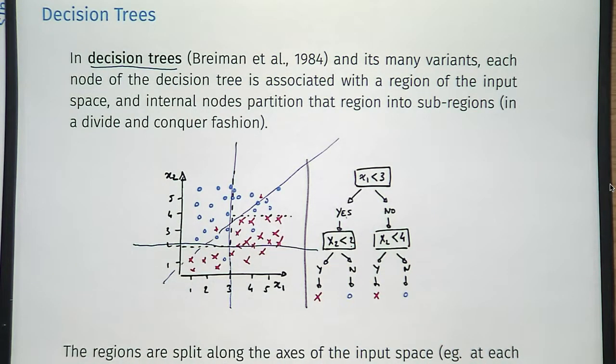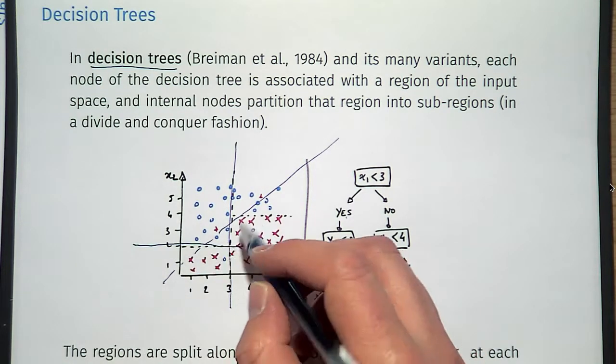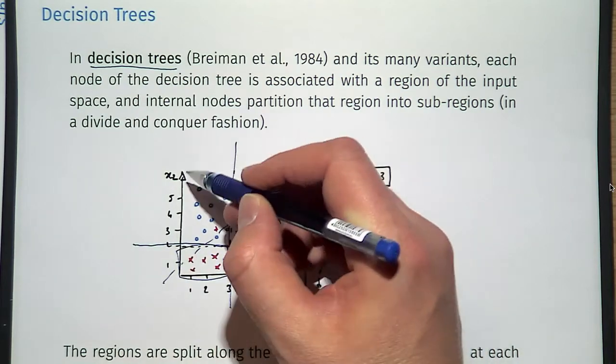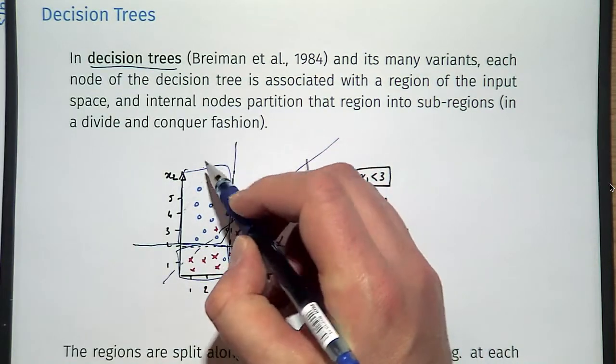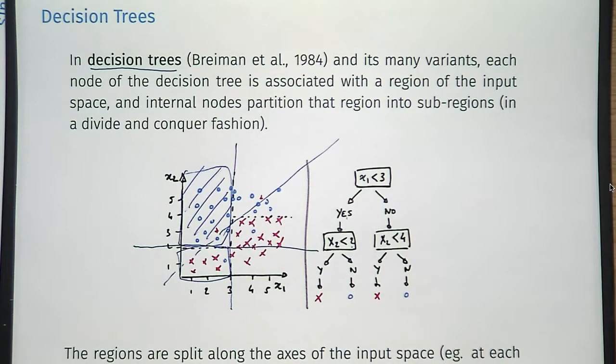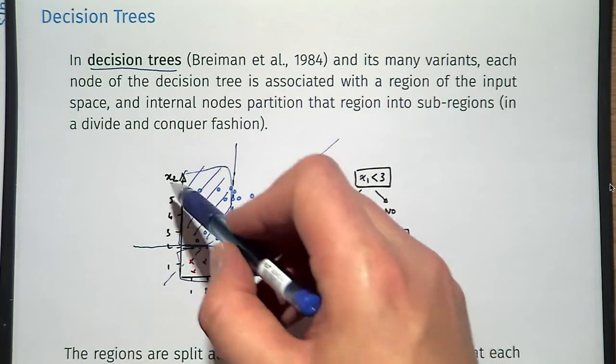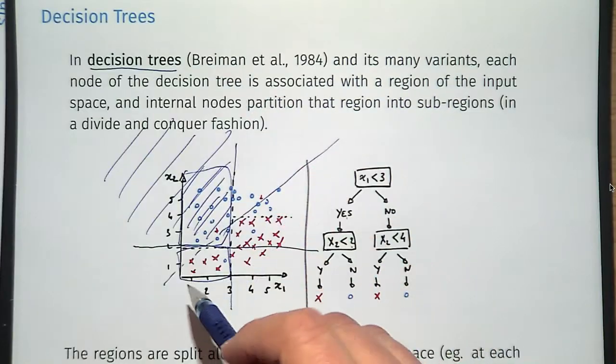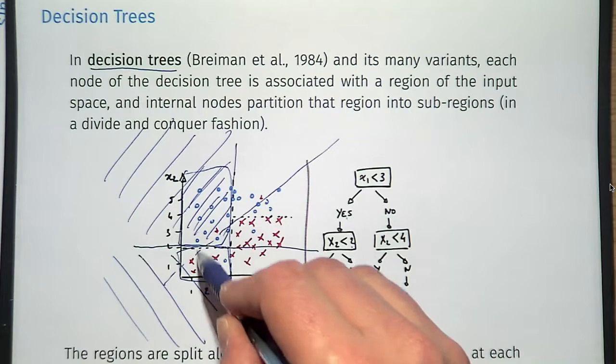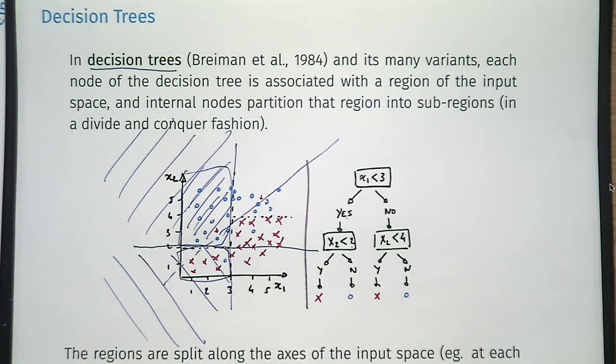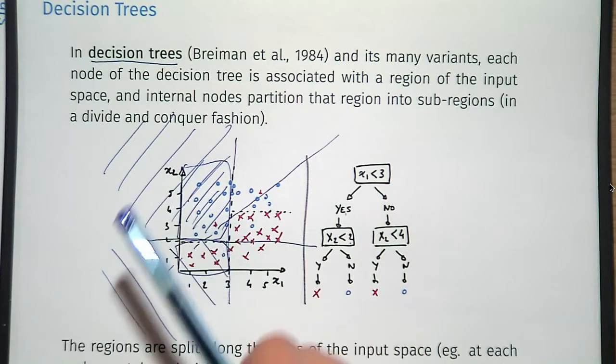At this point you have only 2 possible parts of the space, the entirety of this space here or the entirety of this space here. If you're less than 2, you're here, which means you're class 1, and if you're in that other part of the space, you're assigned to class 0.